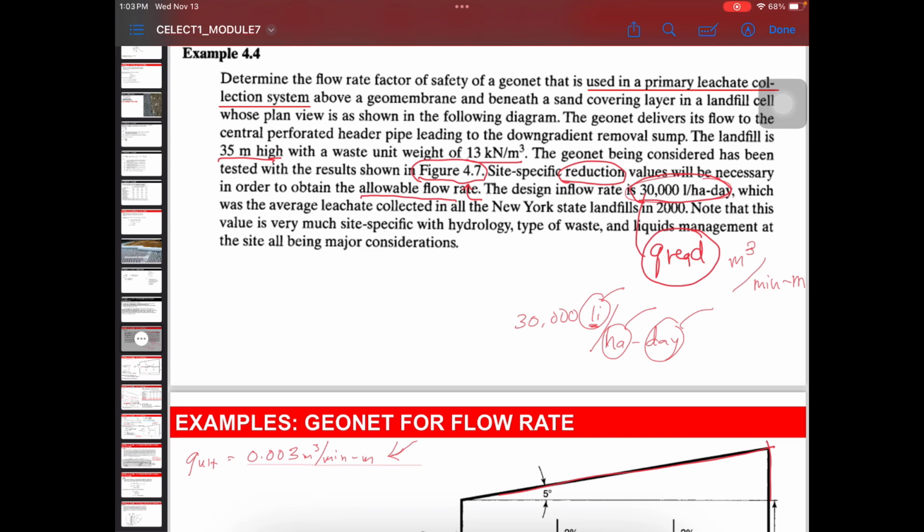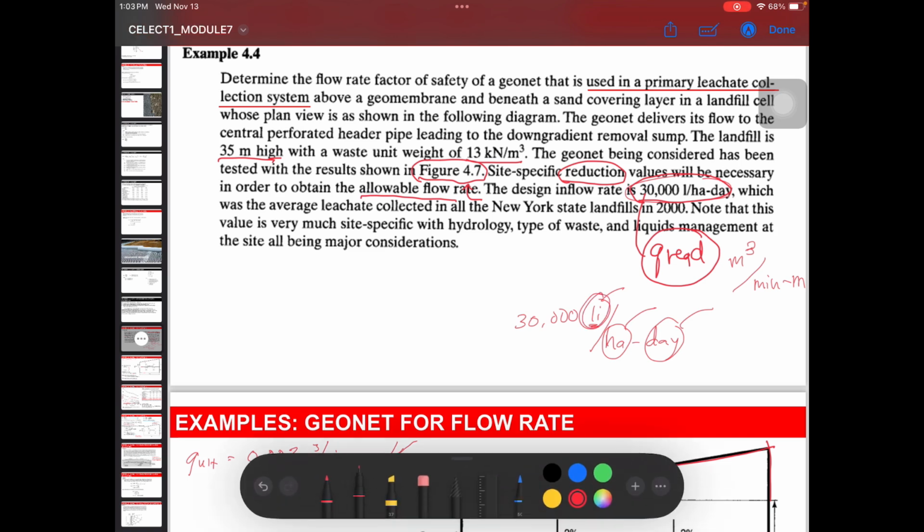So, take note, liter is volume, same na with this one, volume. Day is a unit of time, so similar sa minute na unit of time. Pero the problem is, this is in hectare, and the remaining unit is a unit of linear dimension lang.